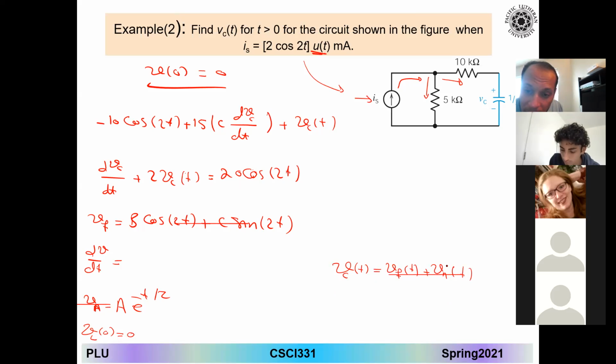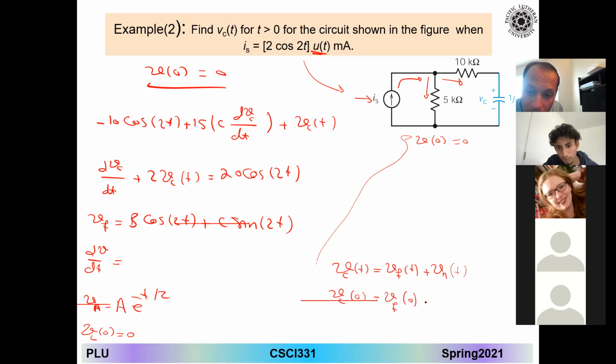When I'm looking for the initial condition at 0, I'm looking for VC of 0, which is the initial condition that we start from. I have voltage across the capacitor equal to 0 initially because I don't have a source. And this one will be VF of 0 plus VN of 0. That's to find A. Where is the A? It is in the natural response. The VN equals A e to the minus t over tau.